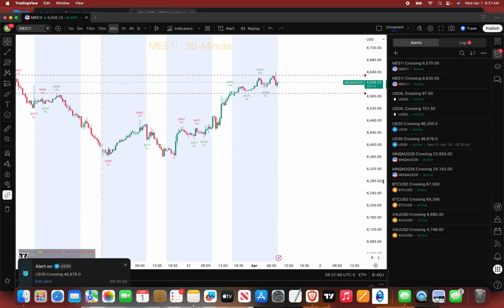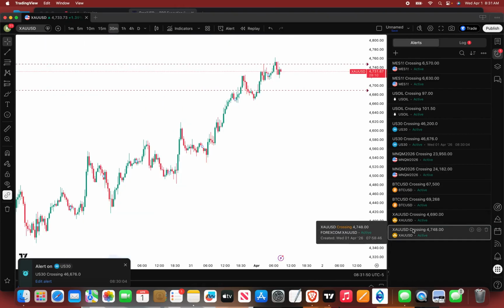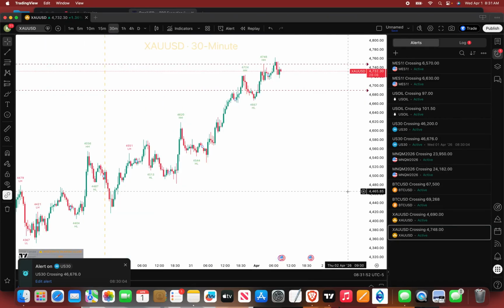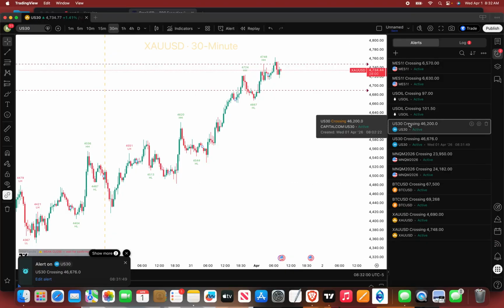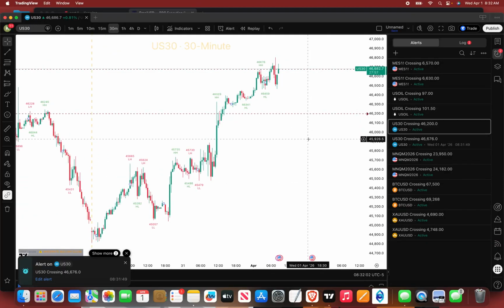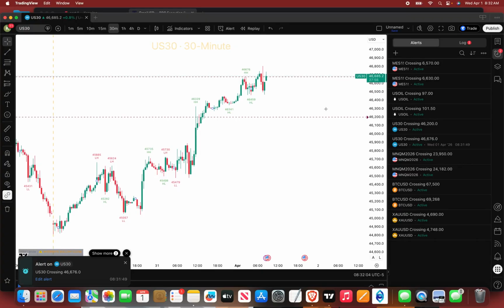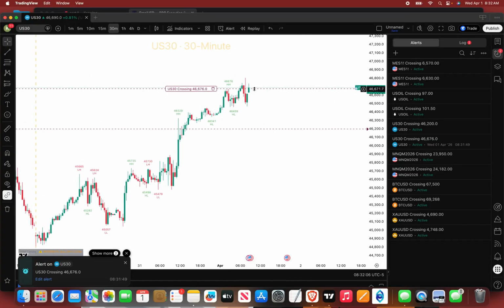So now let's start from gold. We already got an alert going on US 30, so let's take a look at US 30. All right. It's breaking that key level.